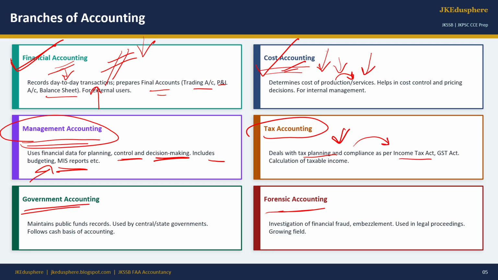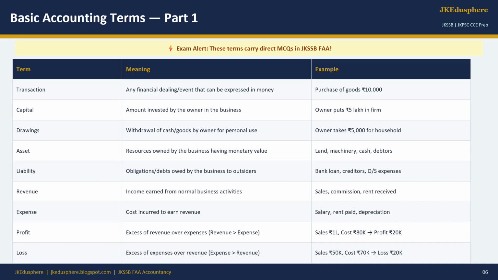We see whether our company complies with the Income Tax Act and GST Act, or we do calculation of income tax. Government accounting is also important, and financial accounting is also an important branch of accounting. These are important for academic purposes and not for the JKSSB exam.